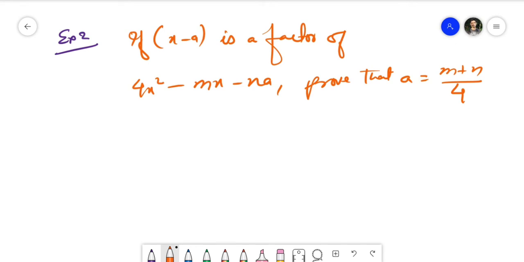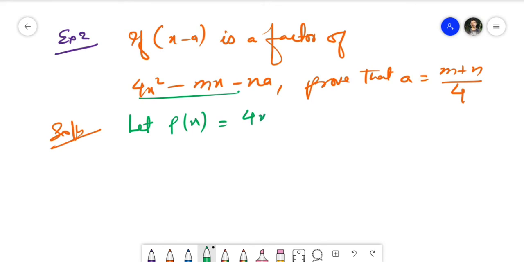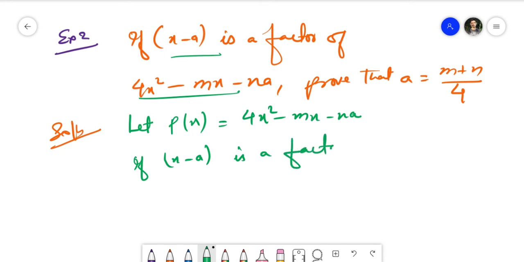Okay, so we'll do here solution. Let p of x is equal to, we'll write this one because this is the polynomial, isn't it? As it says, this is the factor, so we can write if x minus a is a factor of p of x.